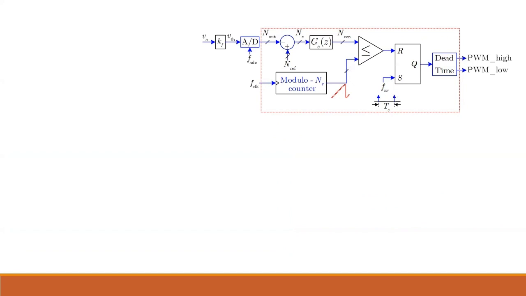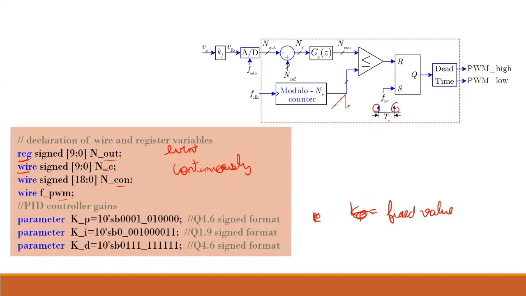Will you repeat? KP is equal to 10 episode SB. Not sign bit. This is 0001_010000.